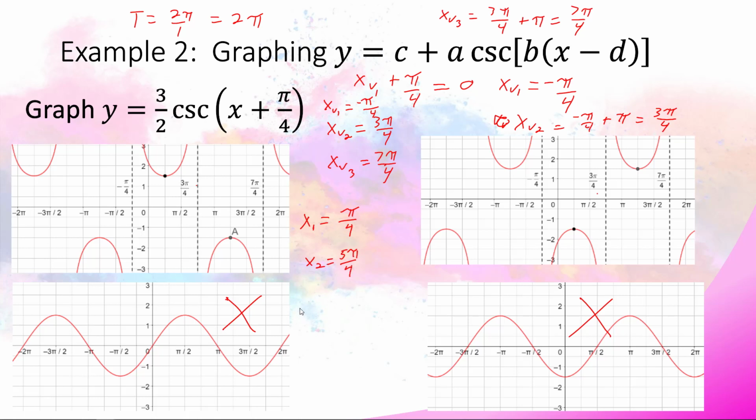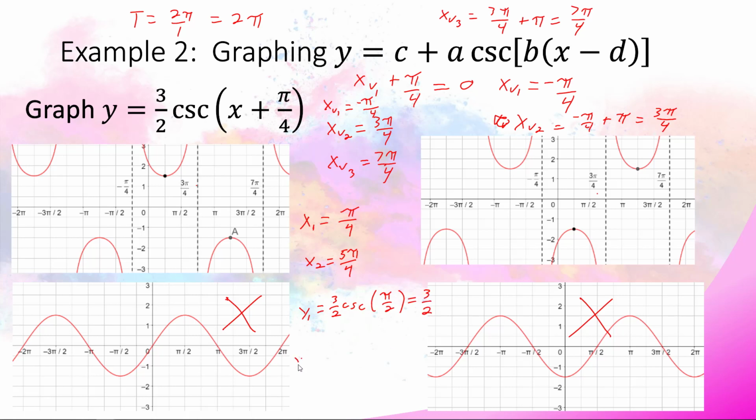Okay, well, y1 is going to be equal to 3/2 cosecant of x1 plus pi over 4. That is going to be 3/2 cosecant of pi over 2, which will be 3/2.